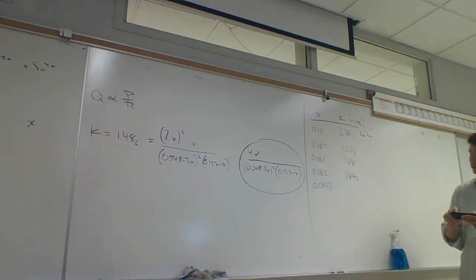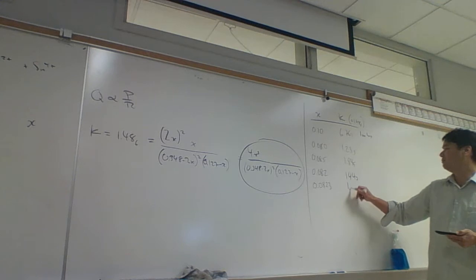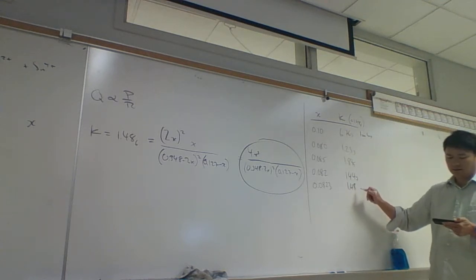But it's all right. So what I'm going to do is I'm just going to do 2 times 0.0823 equals that minus 0.348 equals, square that, times the parentheses 0.127 minus 0.0823, close parentheses, equals that, invert that, times 0.0823 cubed times 4. 1.483.